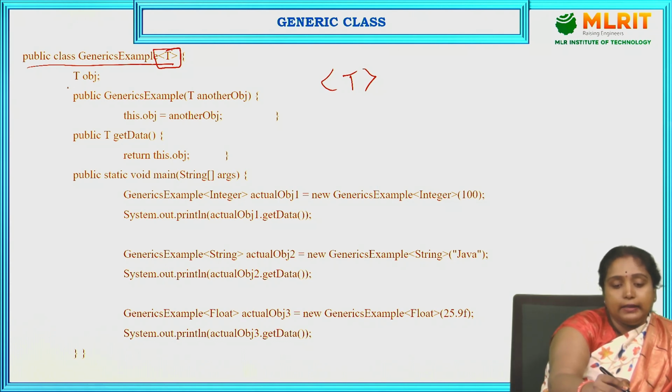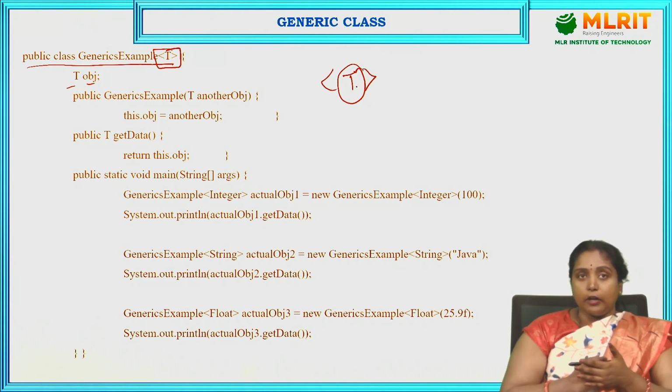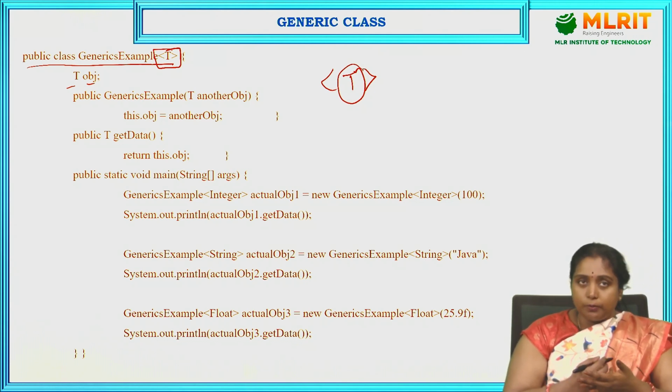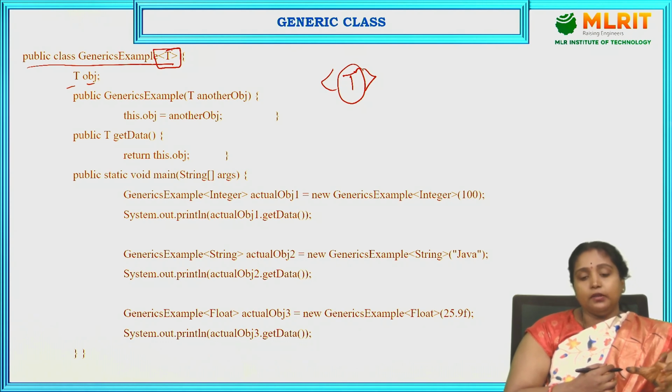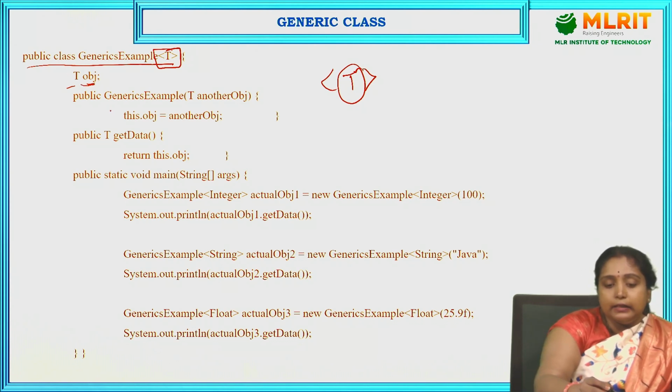And T object is the type of data you are passing, as per whatever inputs you pass. So you are creating an object for that particular type. In GenericExample, I am creating a constructor with T another object, this.object equals another object. And next, T getData returns the data here.